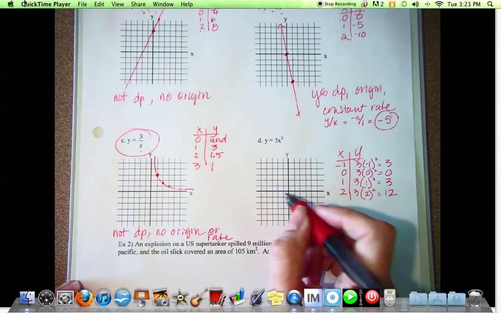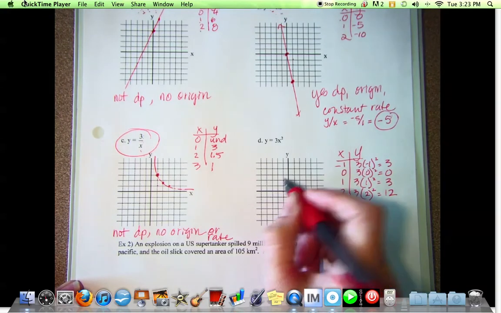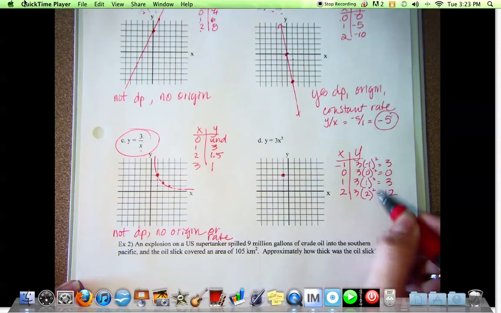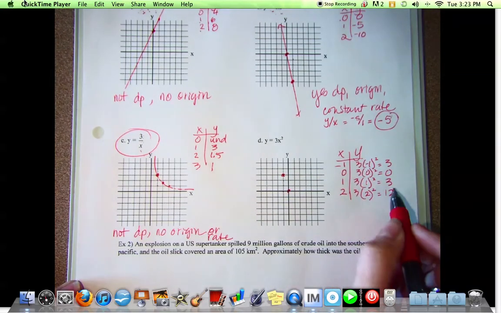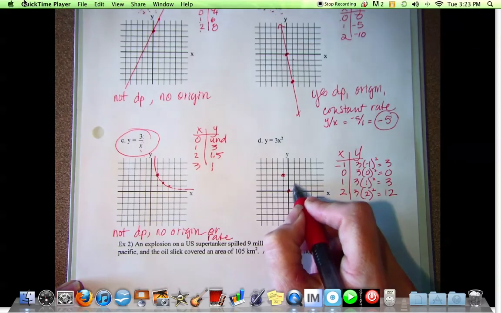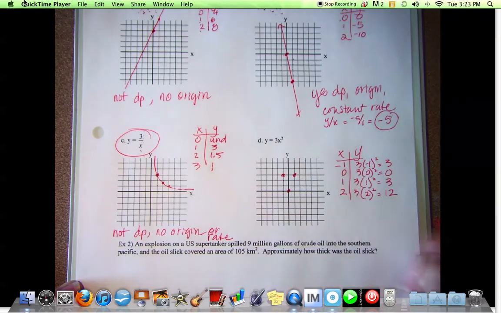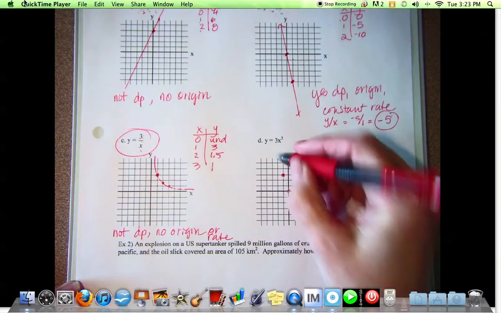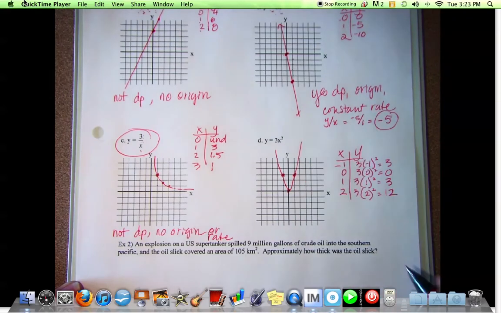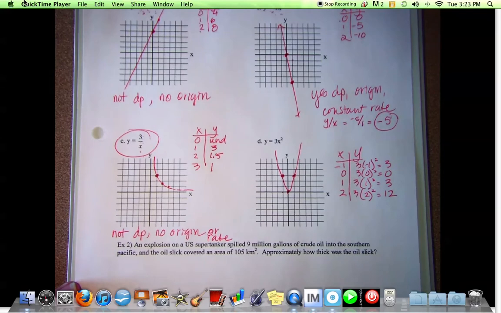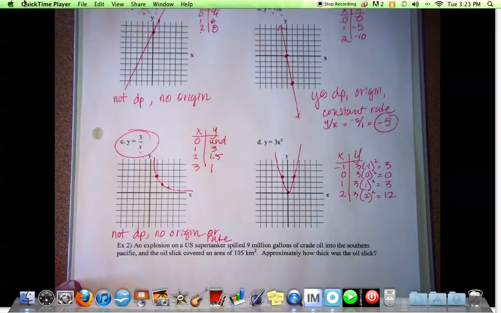So we have negative 1 and 3. We have 0 and 0. We have 1 and 3. So over 1, up 1, 2, 3, and 2 and 12. That's going to be off the charts. And this one looks like this. So we have to ask ourselves, does it go through the origin, and does it have a constant rate?